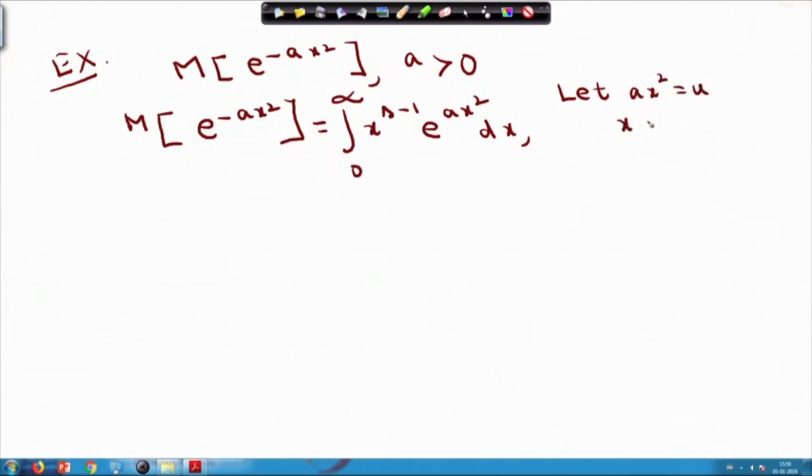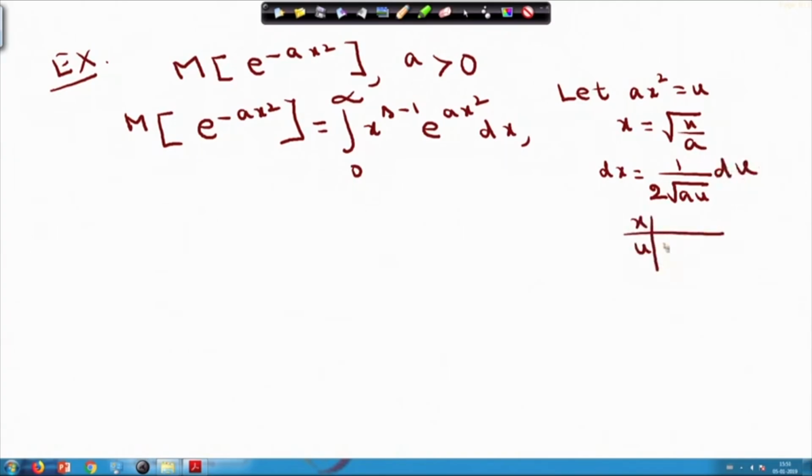So, x will be equal to root over u by a, we are taking the positive one. So, dx will be 1 by 2 into root over a u into du. Whenever x is 0, u is 0, and whenever x is infinity, u is also infinity. So, the limits of integration will remain the same.